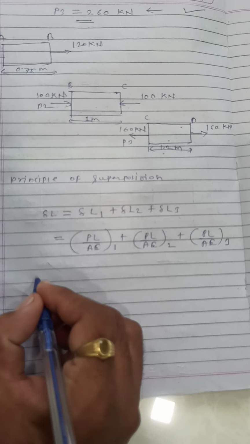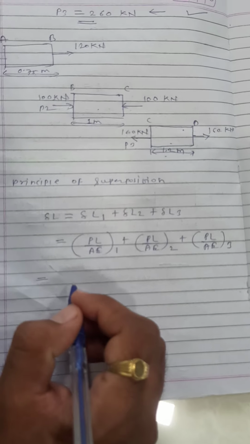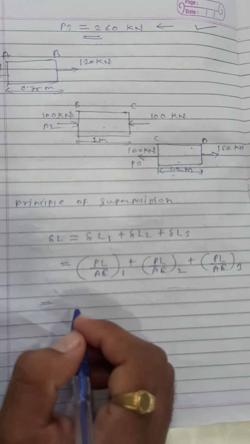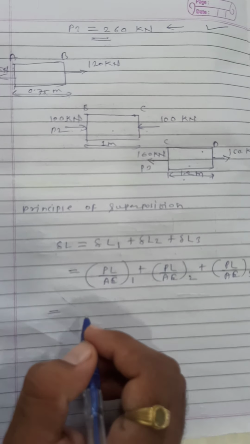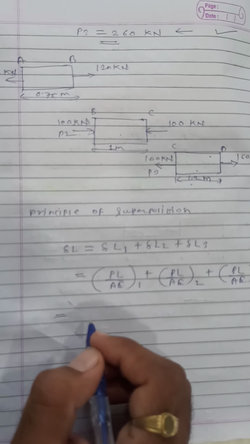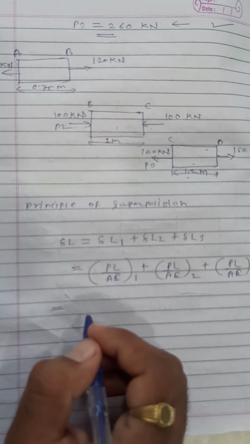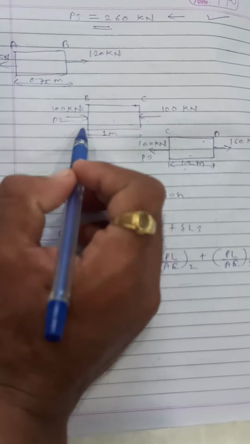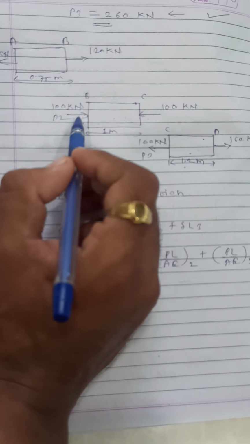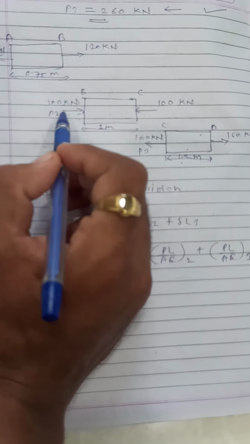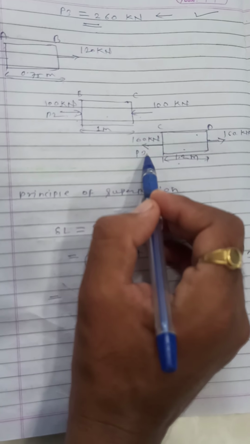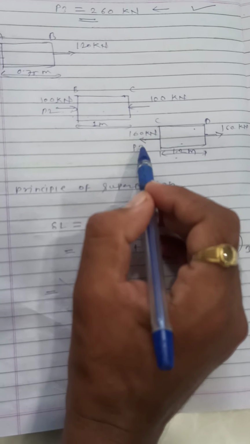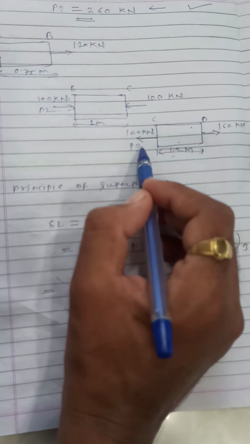Okay, so put the respective values at the respective locations. Also, while putting the values of P, you know very well that we take tensile forces as positive and compressive forces as negative. That means in this case P1 is 120, taken as positive, this P2 is a compressive force, so take it as negative. Again P3 is a tensile force, so take its value as 160, positive.